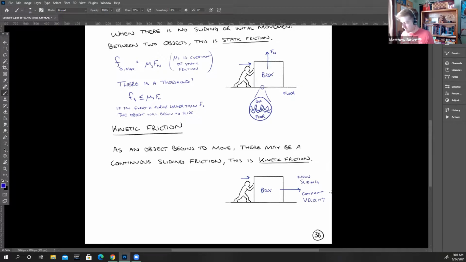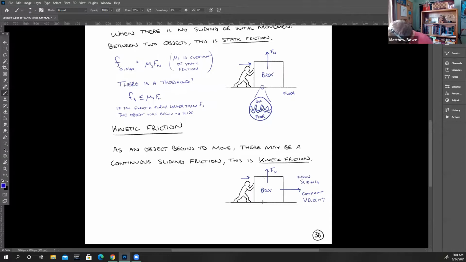So it's moving at a steady rate. It still has a normal force because it's still resting on the ground. But what is the molecular structure? How are they able to move past each other if they are these sort of peaks and valleys that I've sort of drawn up here?